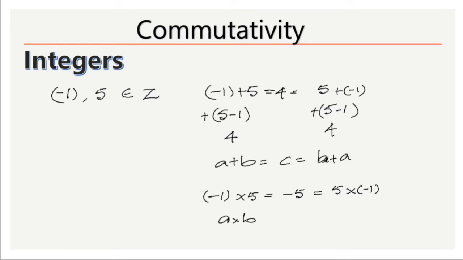So A into B will be equal to C, which is equal to B into A. So in integers also the numbers can be interchanged while adding or multiplying.